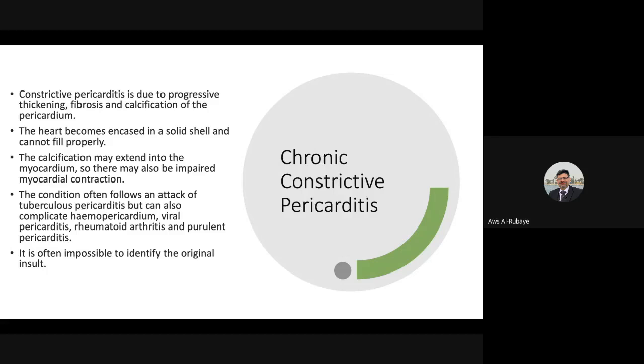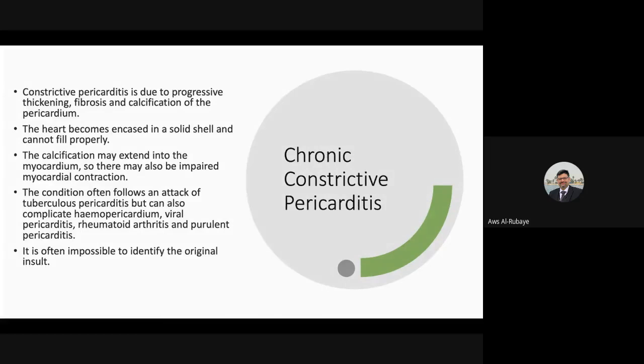The condition often follows an attack of tuberculous pericarditis, but can also complicate hemopericardium, viral pericarditis, rheumatoid pericarditis, and purulent pericarditis. It is often impossible to identify the original insult.